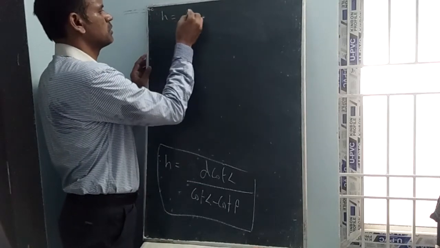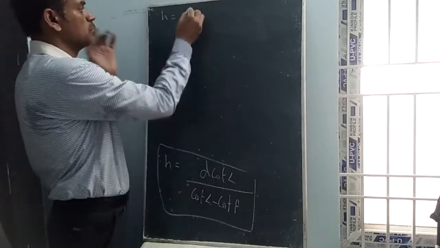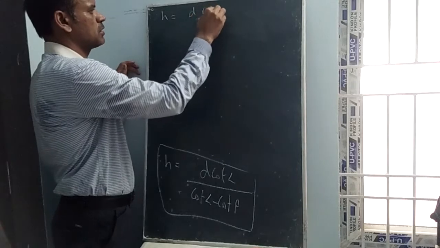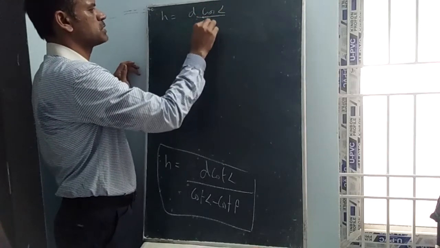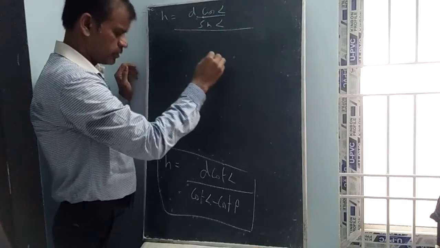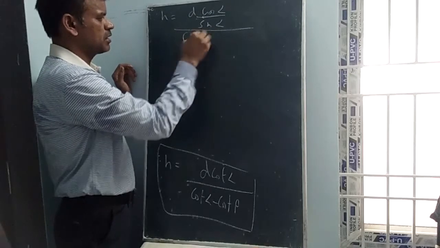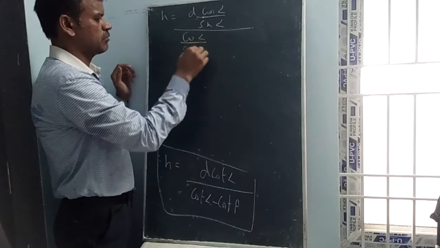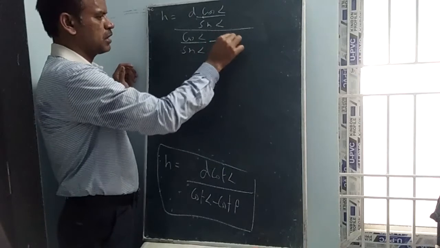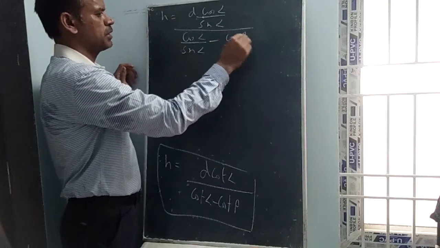So h is equal to, using this one, you can write d cos alpha by sine alpha whole by cot alpha, meaning cos alpha by sine alpha, minus cot beta, meaning cos beta by sine beta.